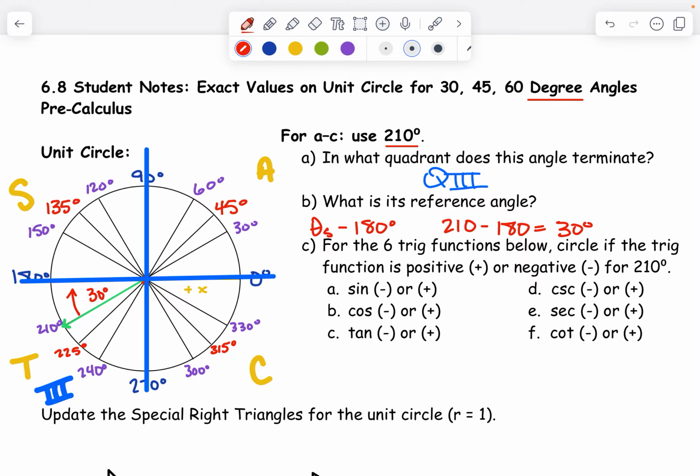Right now we're in quadrant 3, which is T. T means that in quadrant 3, tangent is positive and its reciprocal cotangent is positive. Those are the only 2 positive trig functions in this quadrant. And so our remaining functions would all be negative.